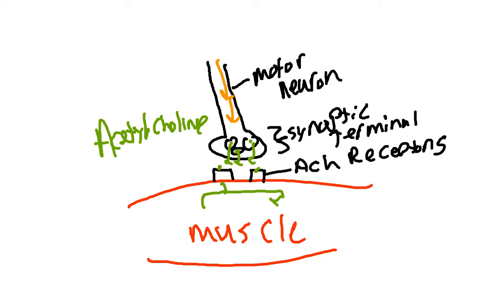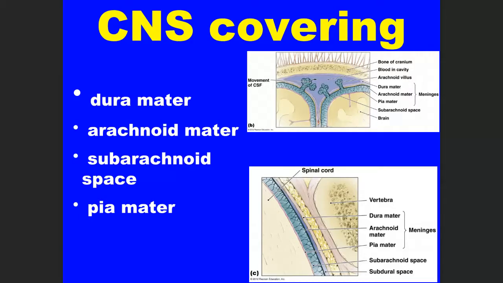Well, the toxin inhibits the release of acetylcholine from the neuron. So no acetylcholine, no action potential, no contraction of the muscle. And the primary outcome of this is that it can cause flaccid paralysis. So we go back here.